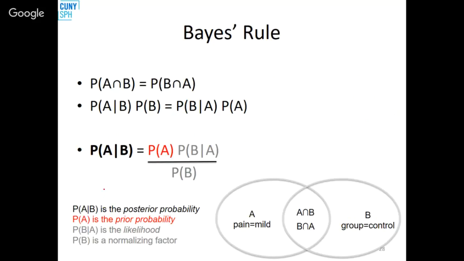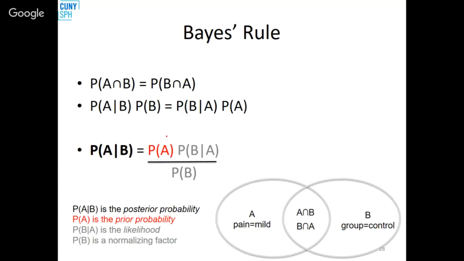In the language of Bayesian probability, this probability of A conditional on B is called the posterior probability. Probability of A is the prior probability. And in this case, the prior probability would also be the prevalence. So that's your probability of having the disease before you've taken the test.